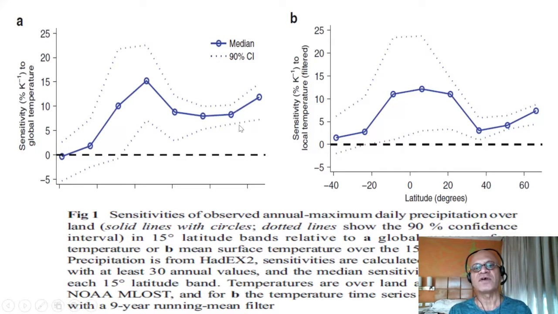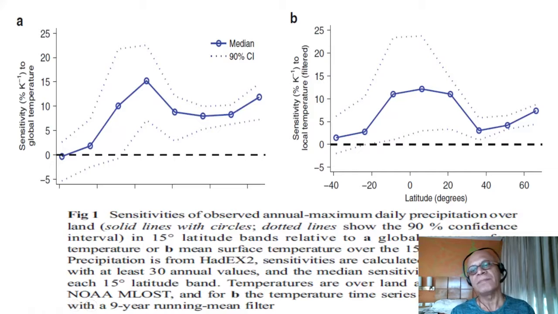Remember, you have different large-scale processes controlling precipitation in the mid-latitudes, as opposed to the fast, small-scale convective motions that result in precipitation and extreme precipitation in the tropics. So there is the data issue, and you get a slight flattening and a slight asymmetry here when you look at the 15-degree latitude band temperatures versus global temperatures.